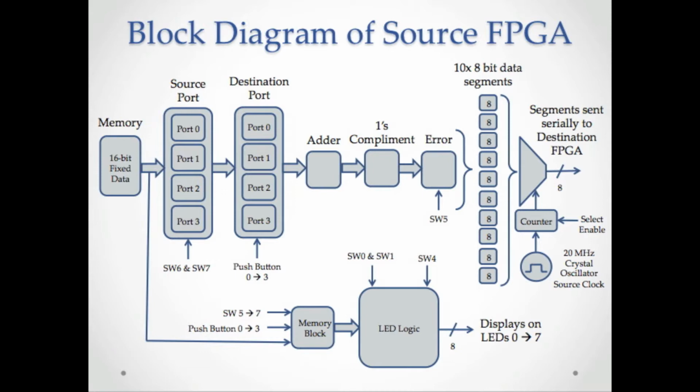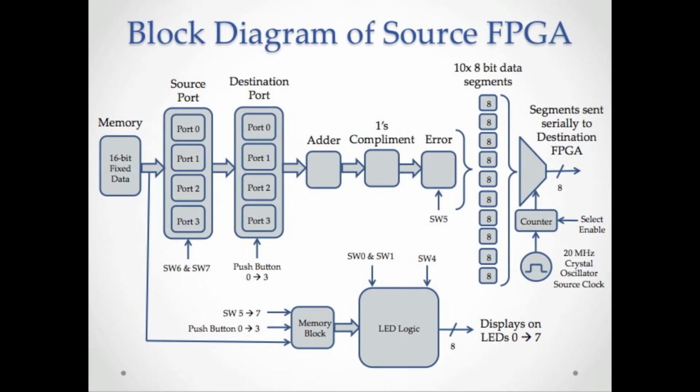And then we push a push button 0 through 3, which corresponds to the destination port number. Now this goes through an adder, it goes through a ones complement block, and at the end we have an option to introduce an error, which is switch 5 on the source FPGA board.